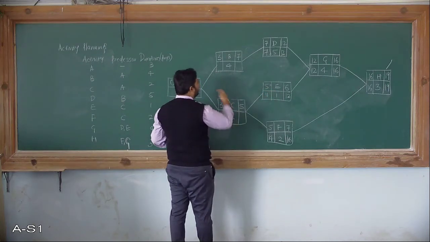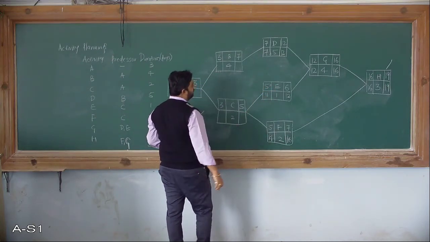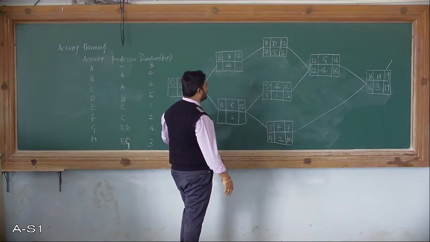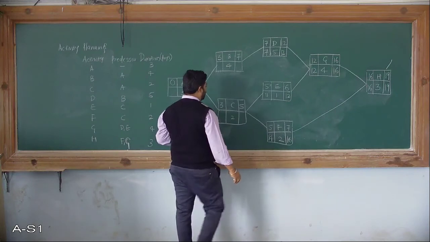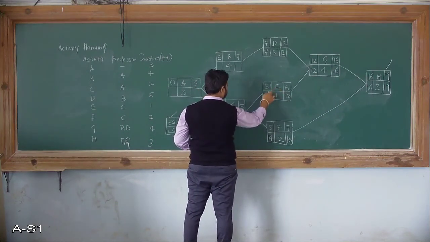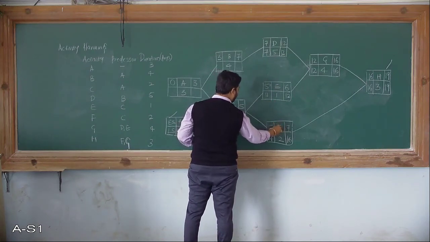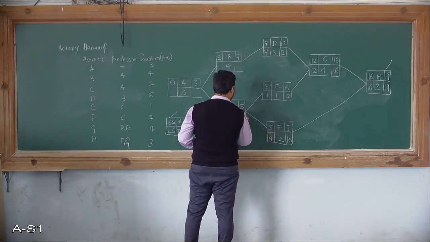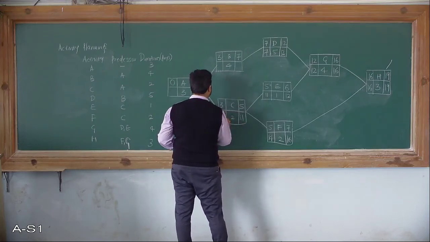In the forward pass we identified the highest value; now in the backward pass we identify the least value. The late start for E is 11 and for F is 14, so which is the minimum? Between 14 and 11, we take 11. 11 minus 2 is 9.